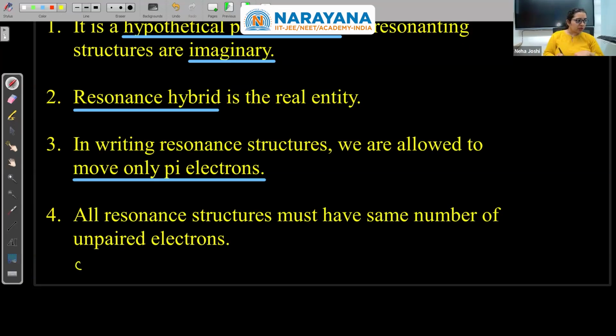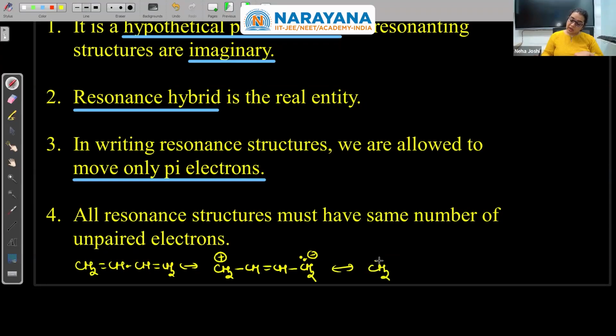This point is important because see, CH2 double bond CH, single bond CH, double bond CH2. If I want to draw its resonating structures, CH2 plus, CH double bond CH, and CH2 minus, and if I want to draw CH and then CH2 dot.